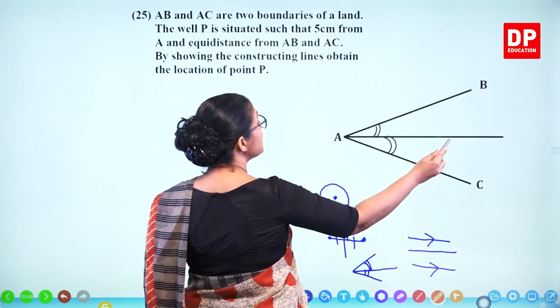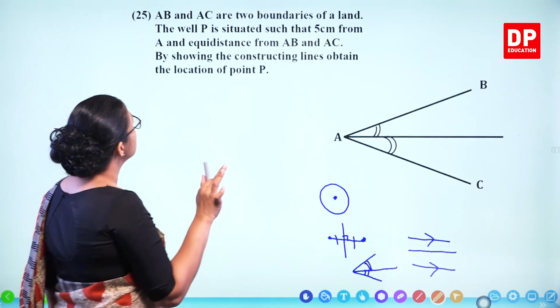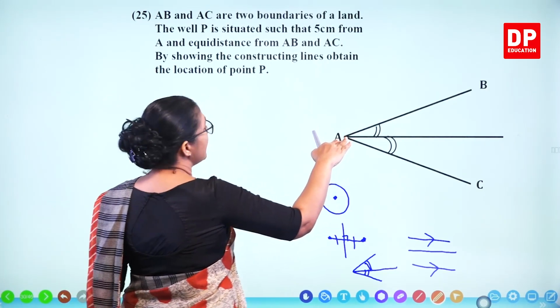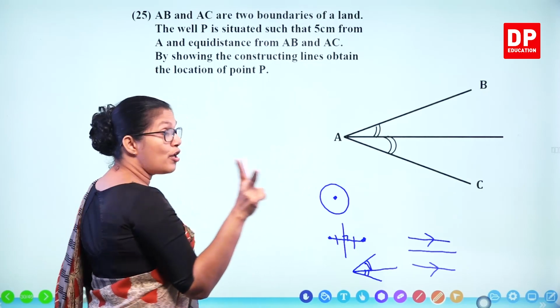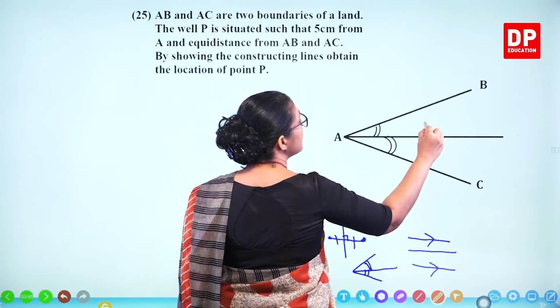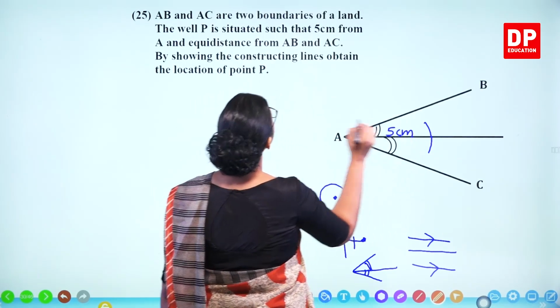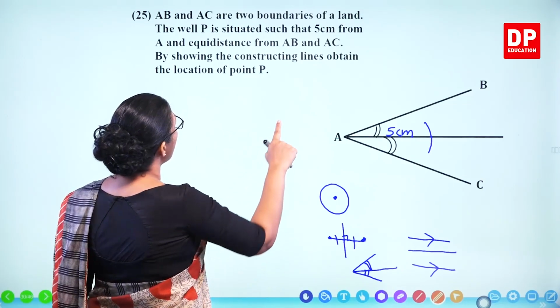So this is the angle bisector and it's 5 centimeters from A. So what you have to do is take a 5 centimeter length and mark the arc. So this should be 5 centimeters from here.